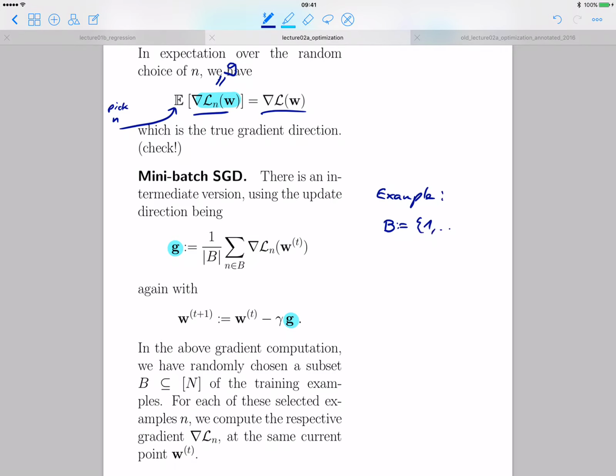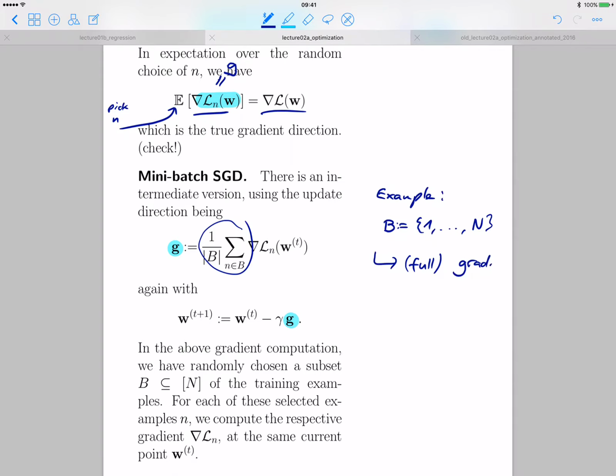This set from 1 to n, right? That's all the L functions I have. And what it then does, it's just building the average over the ones I have chosen to be in my set. So now that's one step of it. And that turns out that this is plain old gradient descent as we have seen it before. So some people call this full gradient descent or batch gradient descent. So we are back to the old method.